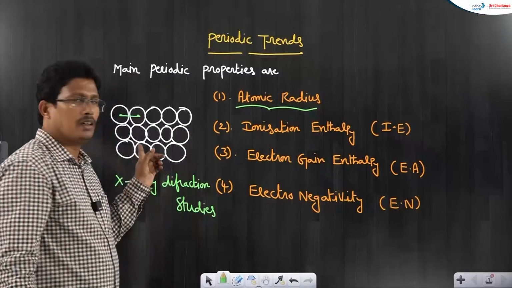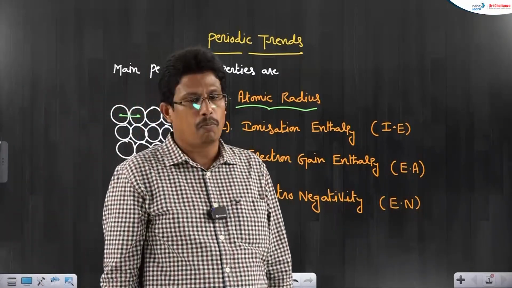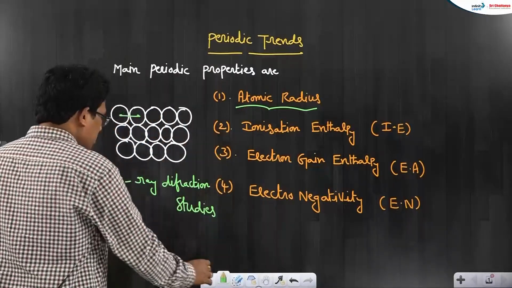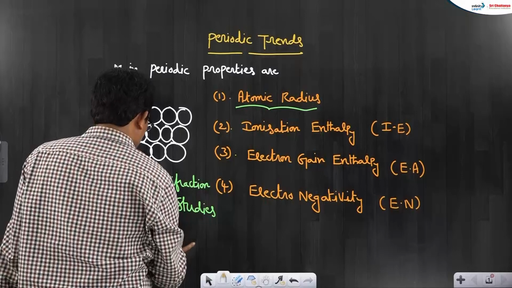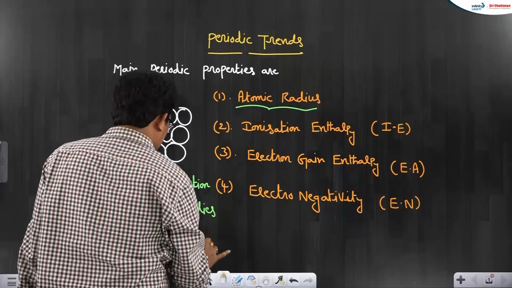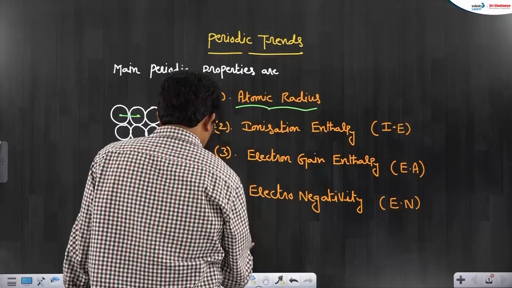Internuclear distance is nothing but bond length. By using bond length, radius is equal to half of the internuclear distance or half of the bond length.